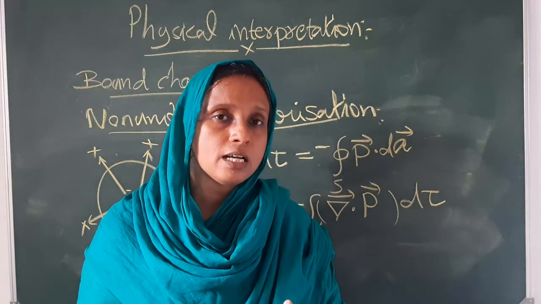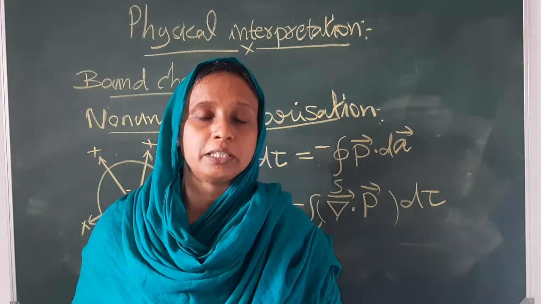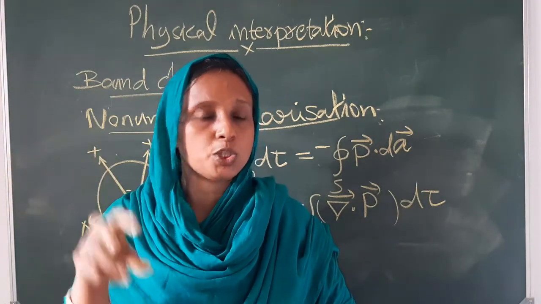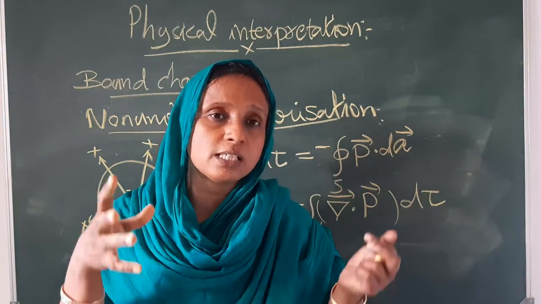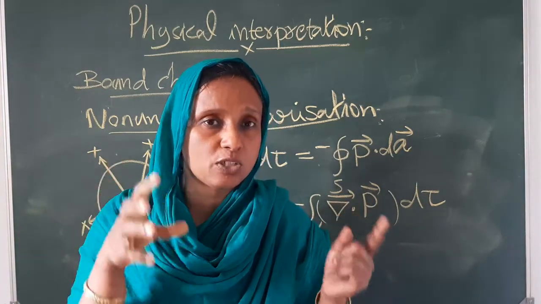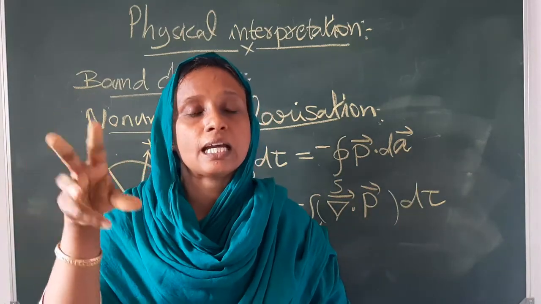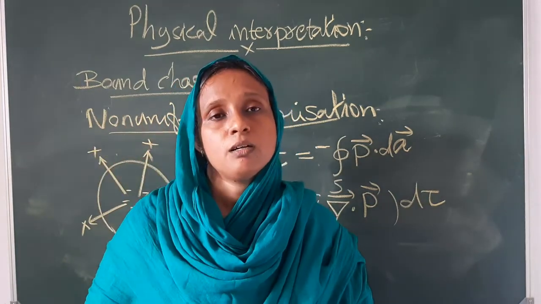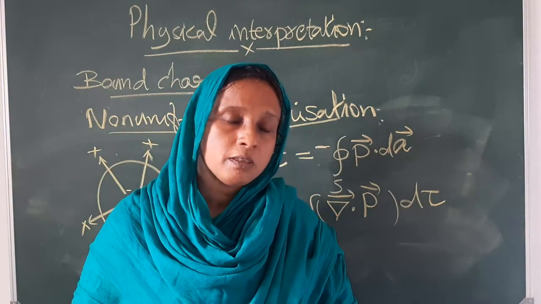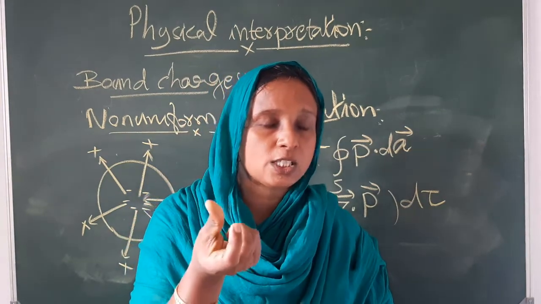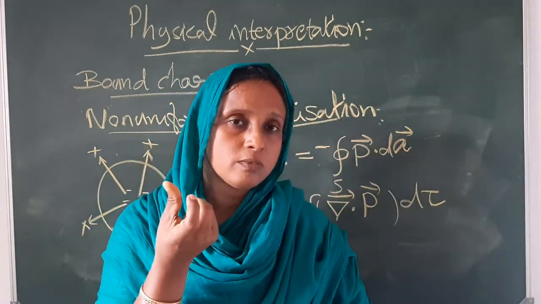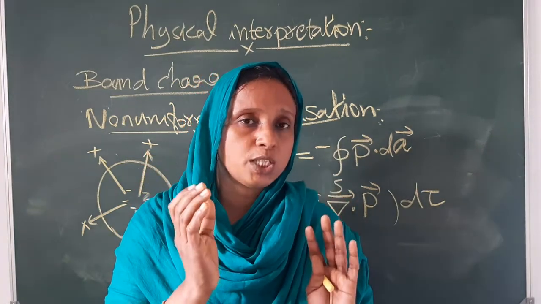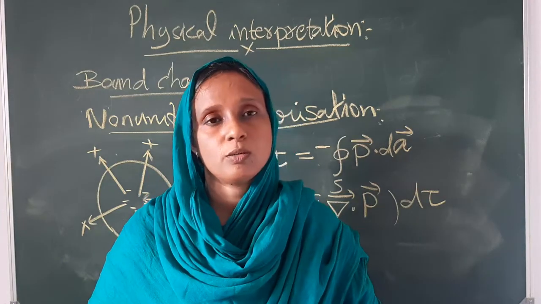Similarly, in the case of non-uniform polarization, there is an accumulation of charges inside the polarized object. If the polarization is diverging, there is a pile-up of negative charge inside the polarized object. The volume charge density is obtained from the amount of charge which is pushed out of this polarized object.